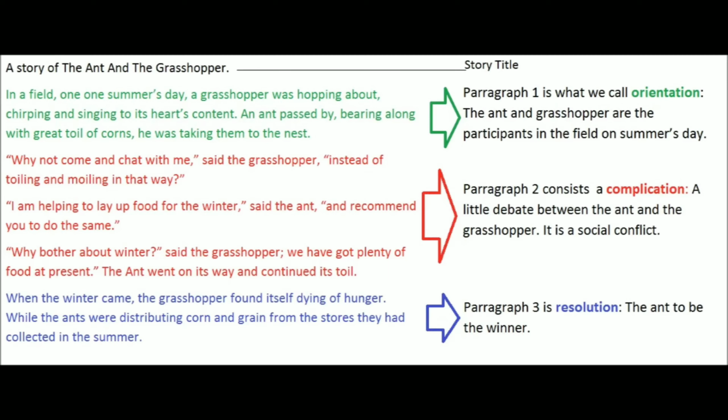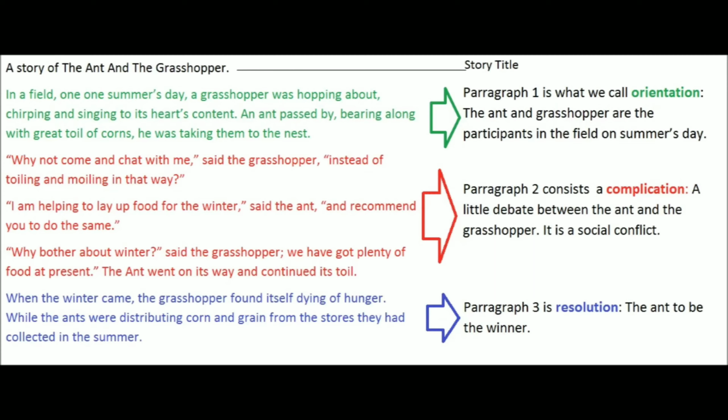In a field, one summer day, a grasshopper was hopping about, chirping and singing to its heart's content. An ant passed by, bearing along with great toil a kernel of corn. He was taking it to the nest. "Why not come and chat with me?" said the grasshopper, "instead of toiling and moiling in that way?" "I'm helping to lay up food for the winter," said the ant, "and I recommend you do the same."